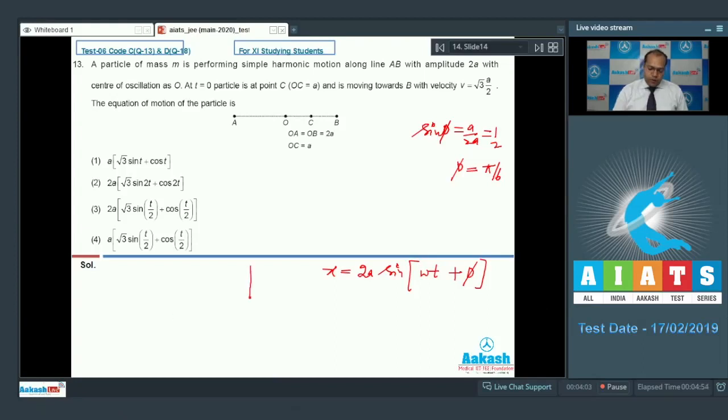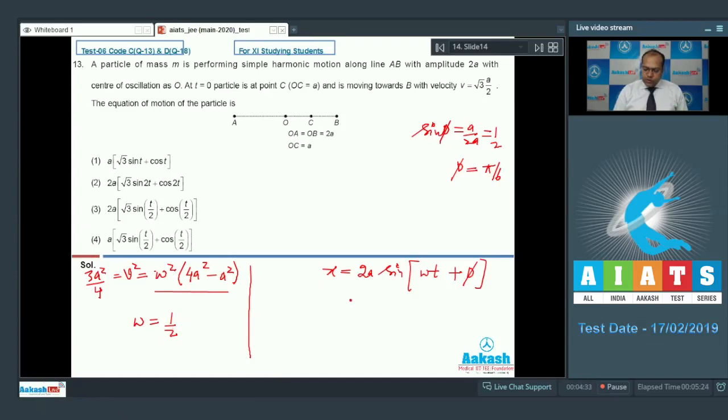Now we know that v square is equal to omega square into A square minus x square. So A square is 4a square minus x square, which is a square. The value of v is √3a by 2, so its square comes out to be 3a square by 4. If I solve this equation, the value of omega comes out to be half.